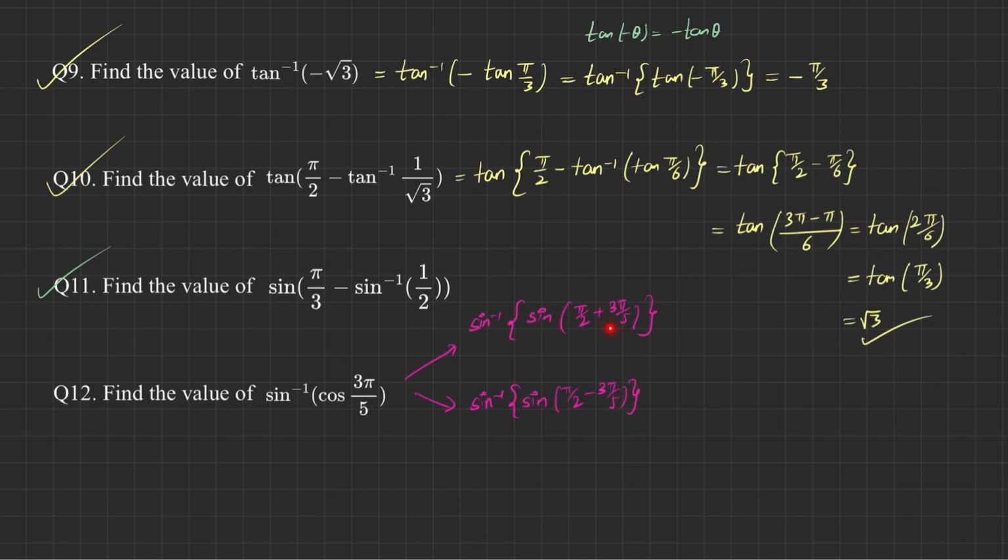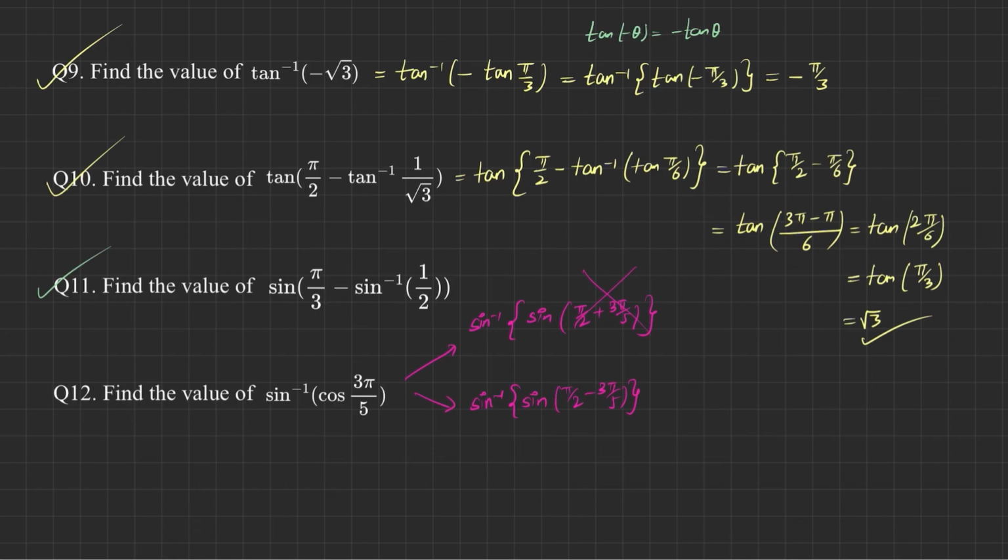Sine of 90 plus theta is also plus cos theta, and sine of 90 minus theta is also plus cos theta. But since we should look at the principal value range of sine inverse, we cannot take the upper one, because that leads to a value which is outside the principal range. So we will consider the lower one.